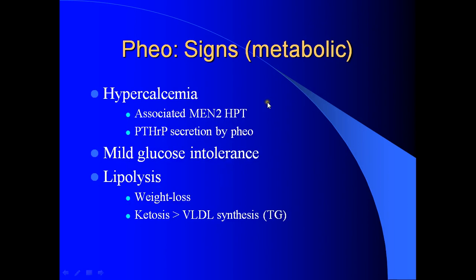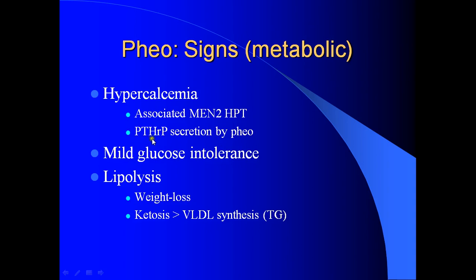Hypercalcemia is actually associated with MEN, multiple endocrine neoplasia type 2, in which these patients can have hyperparathyroidism. So these patients have hypercalcemia. And not only that, the pheochromocytoma tumor itself can cause release of parathyroid hormone related peptide.